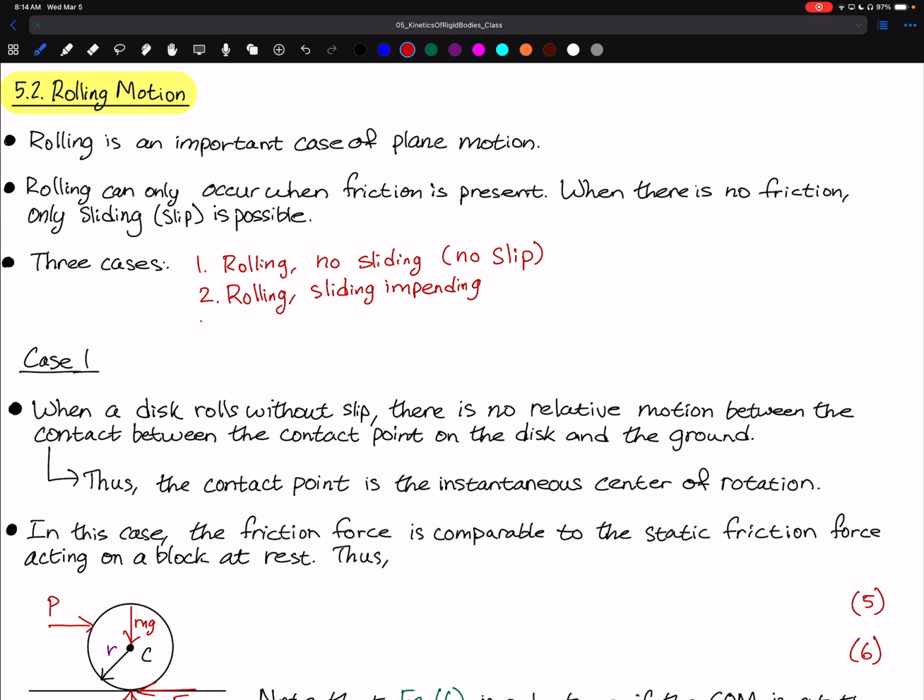And then the third case is not a rolling case, but where you have a disc or whatever rotating and sliding. Or I guess you could say this is rolling with slip.